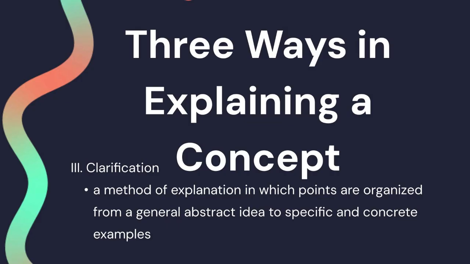Clarification in a concept paper is the process of making an idea or concept easier to understand by explaining in simple terms, giving examples, or comparing it to familiar ideas. In a concept paper, you can use clarification to avoid confusions and explain technical or complex terms in plain language. It also helps the reader grasp the main point or idea more easily.